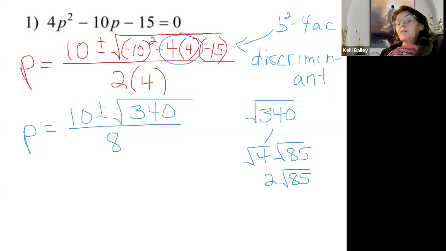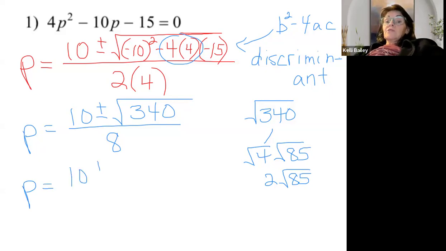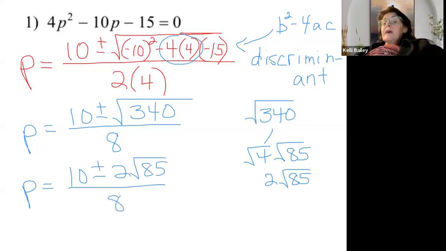So let's go back over here and put 2 times the square root of 85 instead of the square root of 340. So 10 plus or minus 2 times the square root of 85 over 8. Okay, now I'm going to split this up and make it be 10 over 8 and 2 times the square root of 85 over 8.